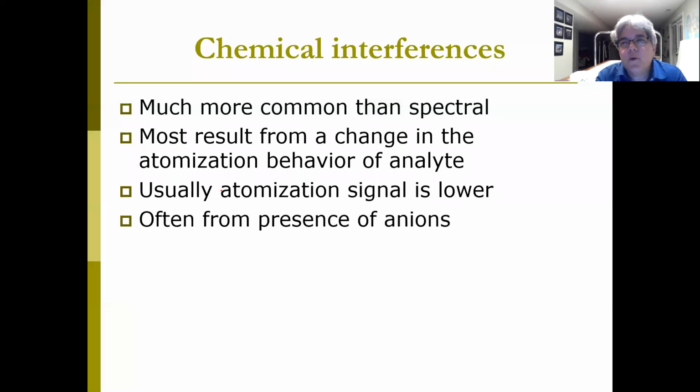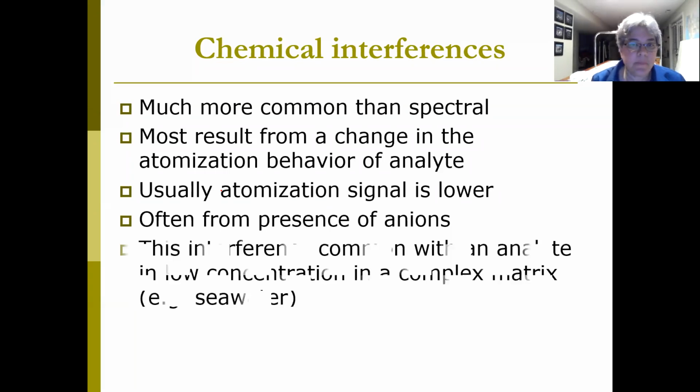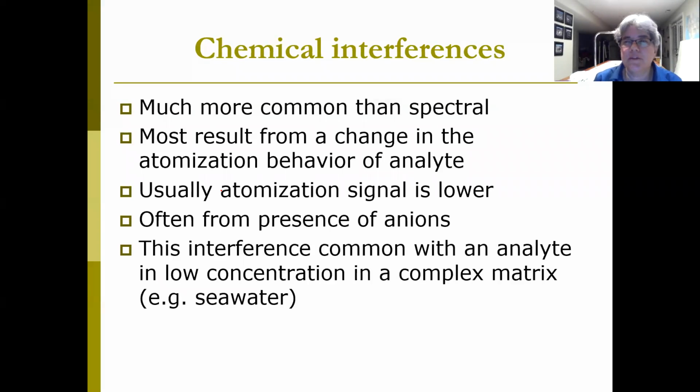And often one of the things that causes this is anions that will grab a hold of that metal ion and make it hard to atomize. Okay, so this will be common if your analyte has a very complex matrix, like seawater. If we were trying to measure iron in seawater, there's lots and lots of ions that can interfere.